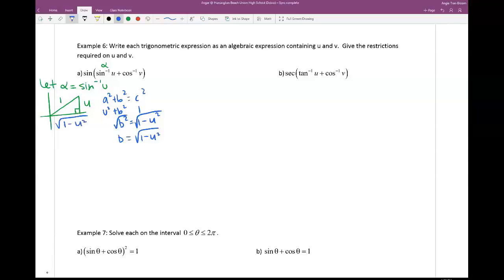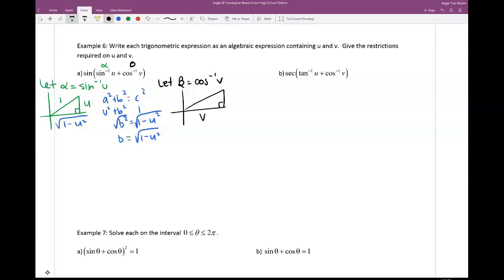Okay, so that's alpha. Now, I'm going to need to also draw another one for beta. Black ink. Here's beta. Let beta be cosine inverse of v. And again, because v is an unknown variable, you can draw this in quad 1 or quad 2 because that's the restriction for cosine inverse. But why make it difficult, right?